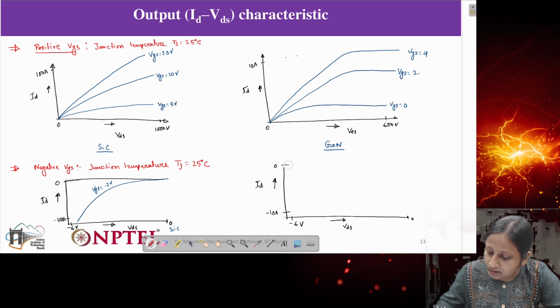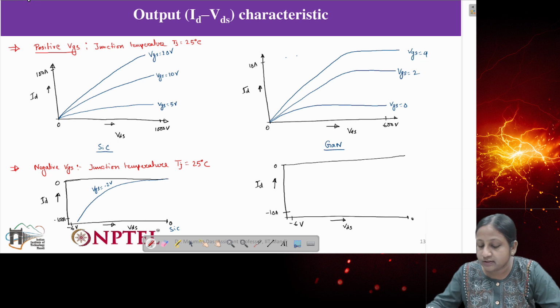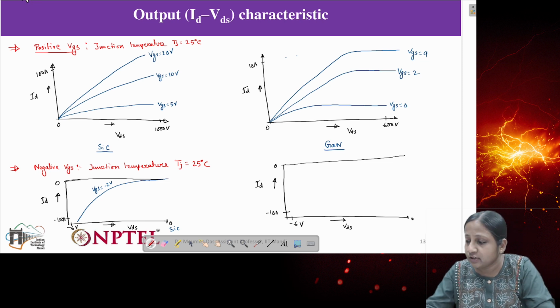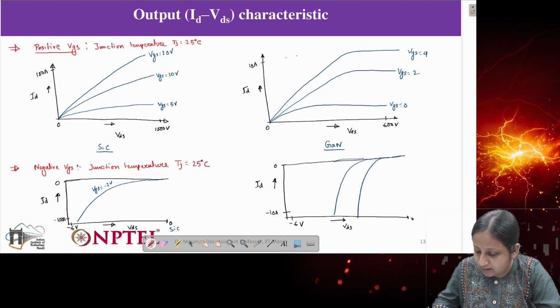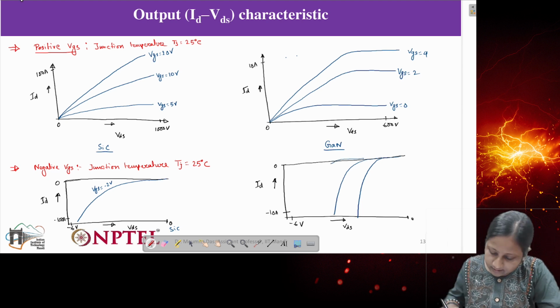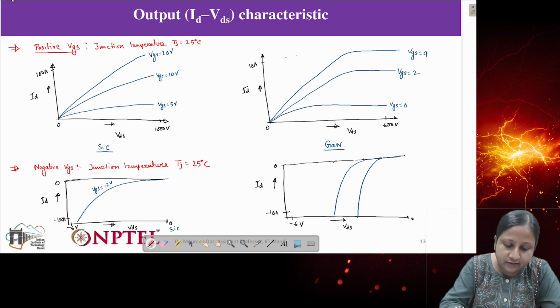Now if I try to plot the characteristics by changing the gate to source voltage, with respect to different gate to source voltages, the characteristics will be like this. As the gate to source voltage changes, it will change like this.